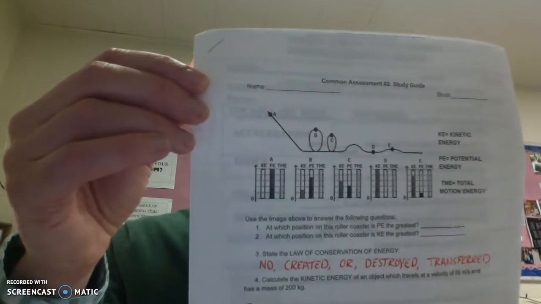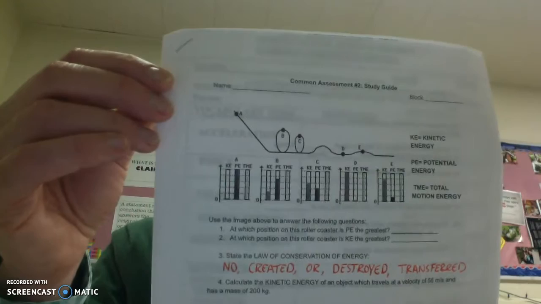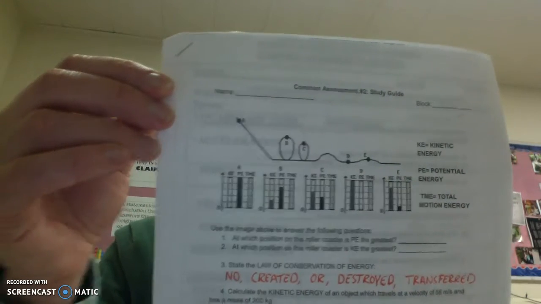Okay, back to this one. This is very much going to help you with the common assessment itself. And again, the first question relates to potential and kinetic energy. And again, this is interpretation of a bar graph. So just by looking at that, you should be able to tell by looking first at the actual position of the marble, let's say, on the roller coaster itself, in addition to the actual bar graphs underneath that coordinate with it.